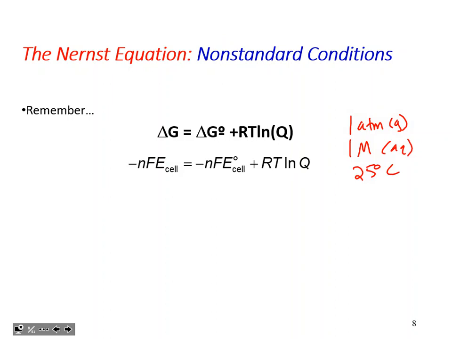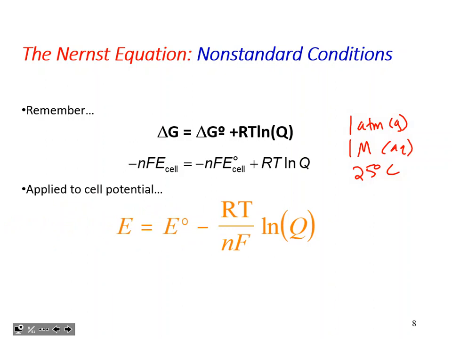So what we can do here is use the non-standard delta G equation to derive the Nernst equation. As you can see here, it eventually ends up canceling down to the non-standard E cell being equal to the standard E cell minus RT over nF ln Q.